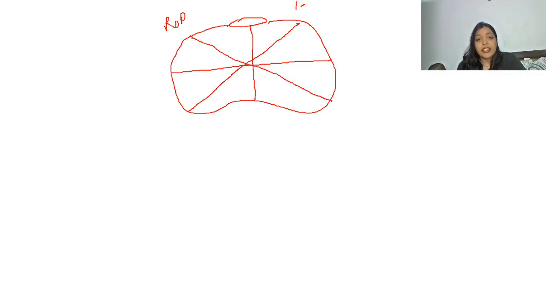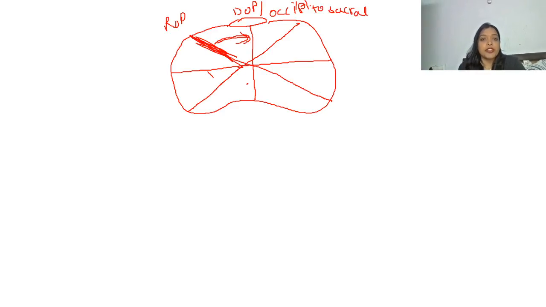Now the smart set of babies, instead of going 3/8 anteriorly, they'll go 1/8 posteriorly. When they go 1/8 posteriorly, we call it direct occipito-posterior or occipito-sacral position. When it is occipito-sacral position, the occiput will be facing here and the face will be facing the pubic symphysis.